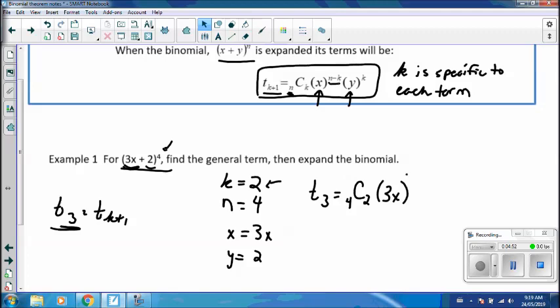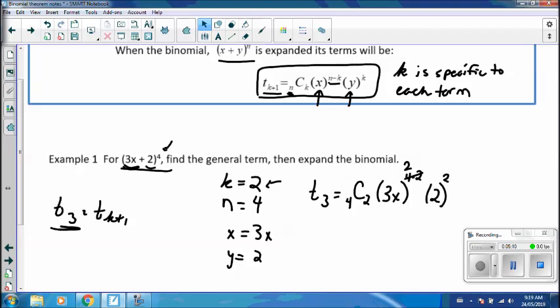N is 4, k is 2, so this is actually just going to be 3x squared, times y, which is 2 in this case, to the power k, which is also 2.